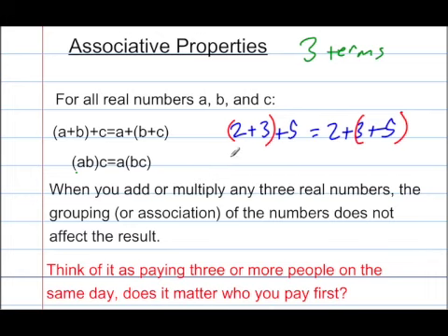So we have 2 times 3 times 5. If I put parentheses around the first two, I would get 6 times 5, which is 30. And here I would get 15 times 2, which is also 30. So it doesn't matter, I get the same answer.